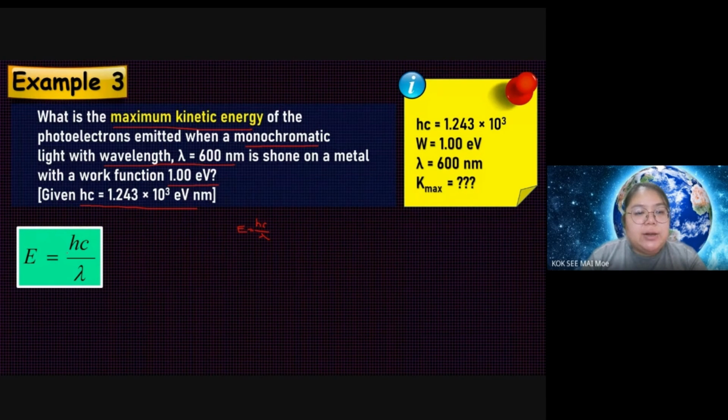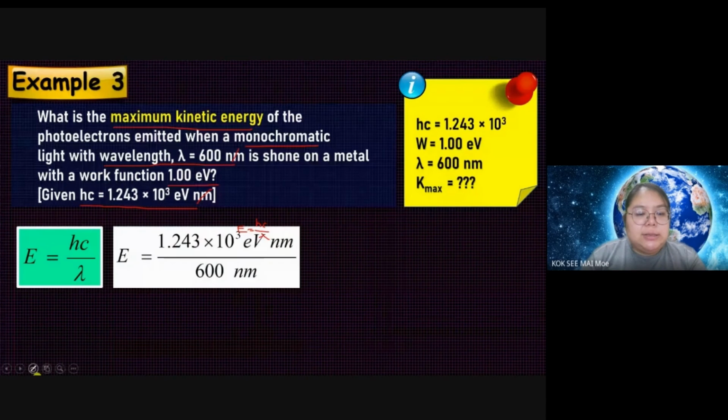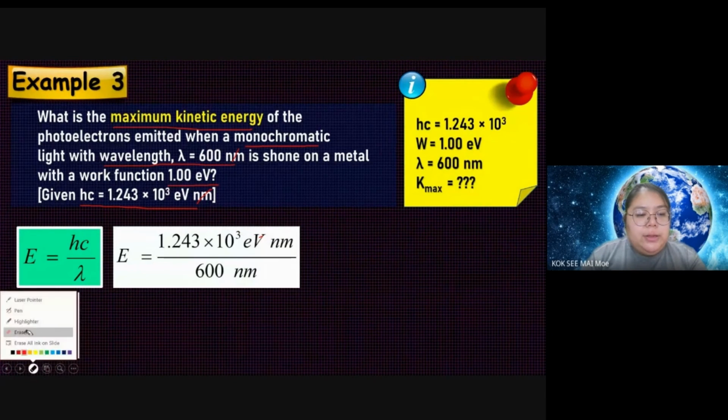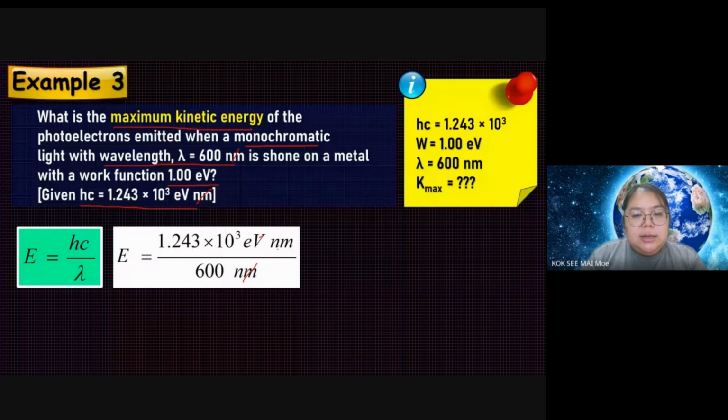The hc I know already, 1.243 power 3, over the lambda. So later you can see the nanometers cancel each other. So nanometer no more. What is your energy now?